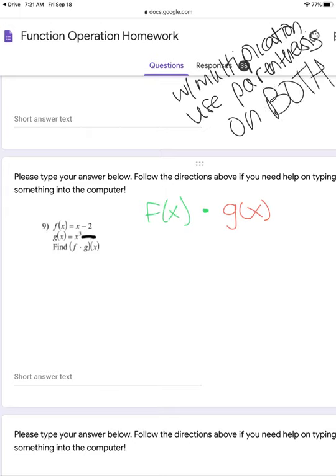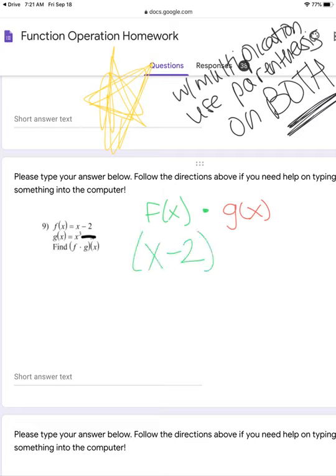That's important, okay? On both. So another thing I can't star enough. Okay? So, x minus 2 times x cubed. Now here, I'm going to use my arrows, okay?